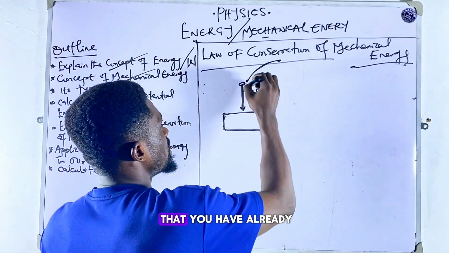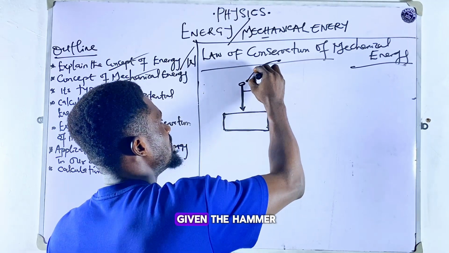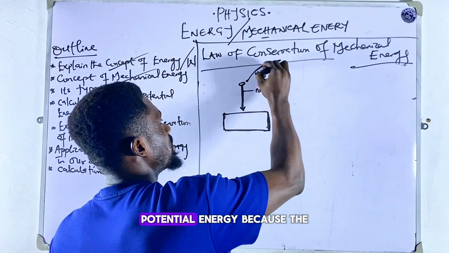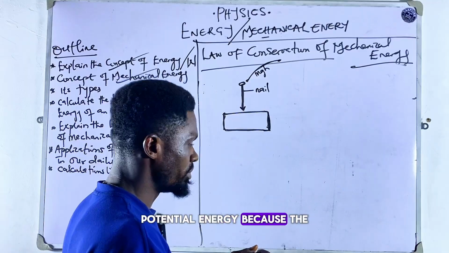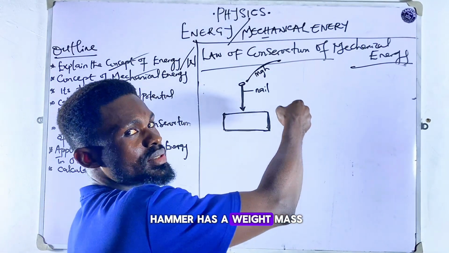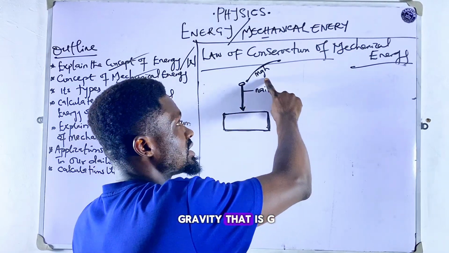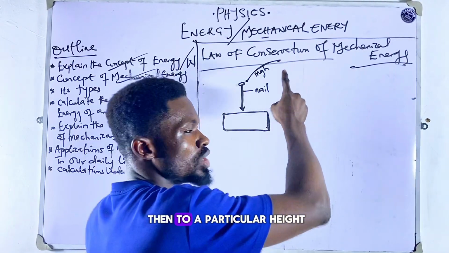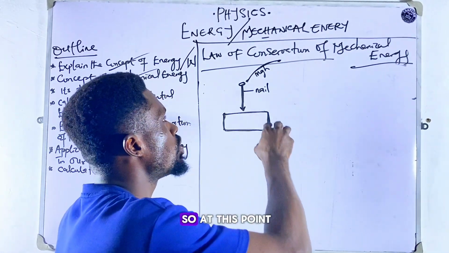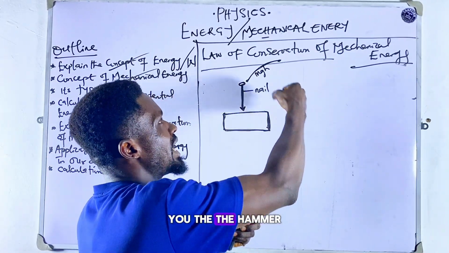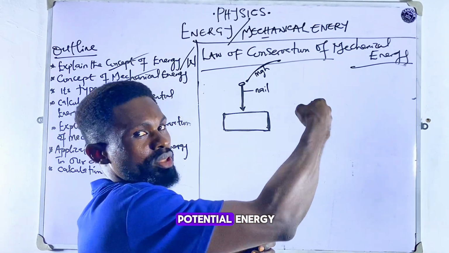You'll find out that you have already given the hammer potential energy, because the hammer has weight and mass, right? And you moved against gravity, g, to a particular height. So at this point, the hammer has already obtained potential energy.